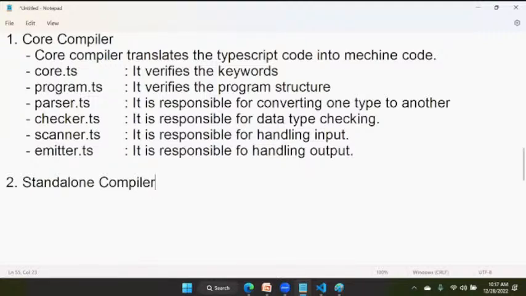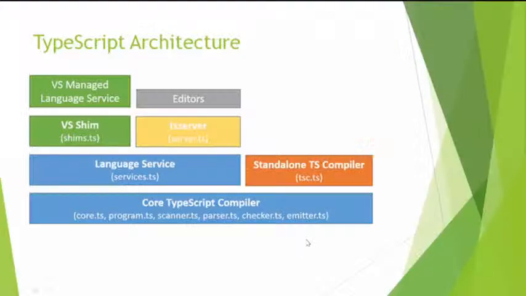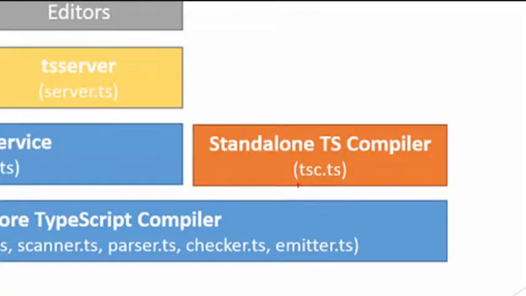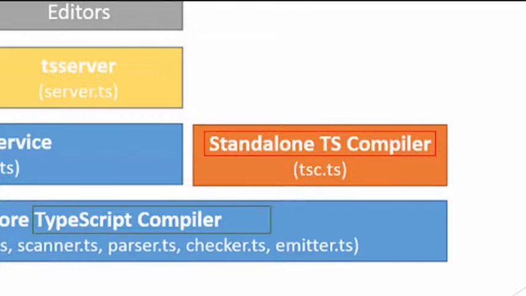We have a core compiler and a standalone TypeScript compiler. Why two compilers? What is the role of this standalone compiler?